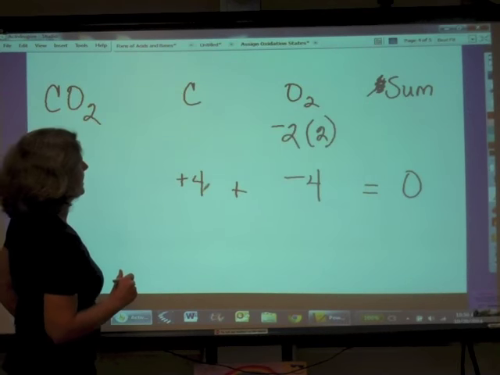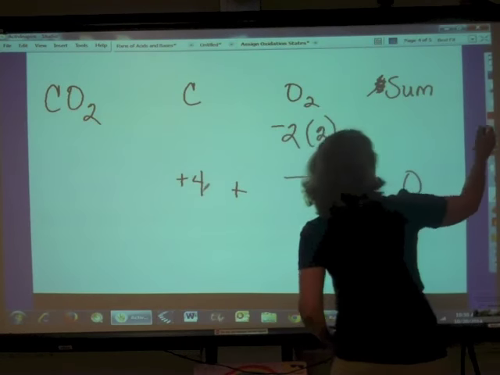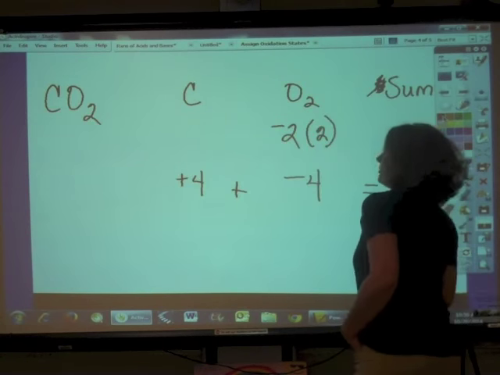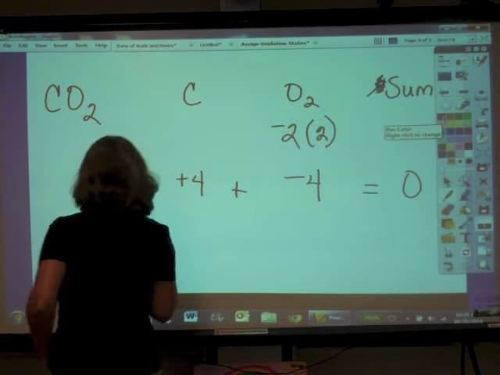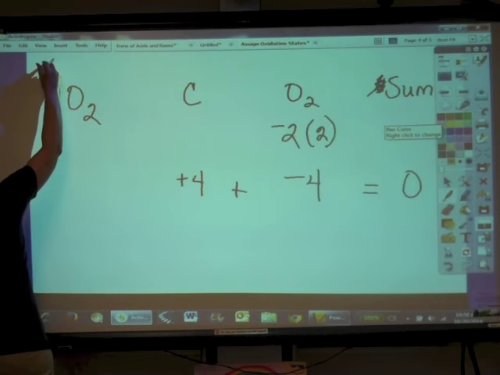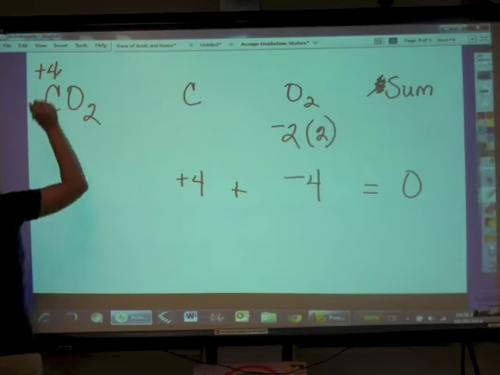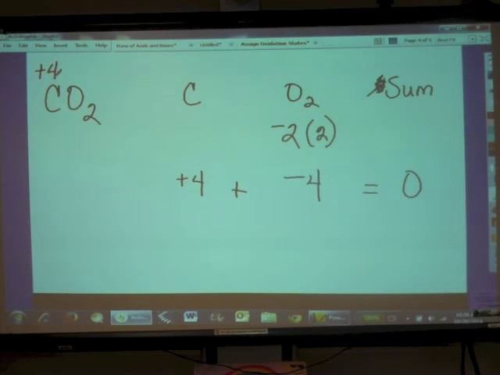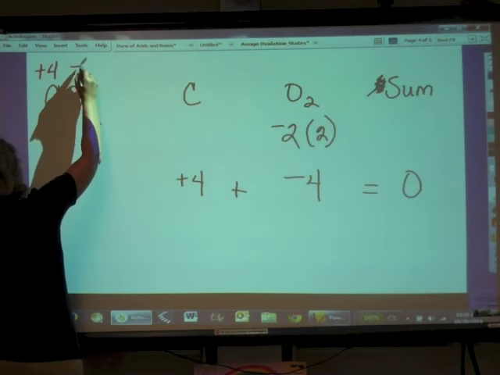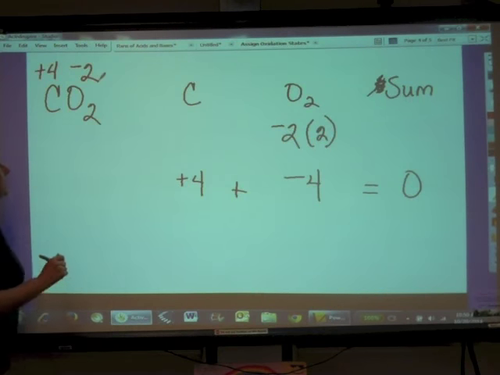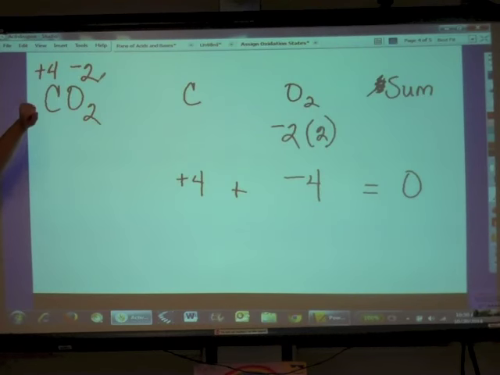So we would say that carbon in carbon dioxide has an oxidation state of positive 4, and oxygen has an oxidation state of negative 2. So carbon is positive 4, oxygen negative 2.